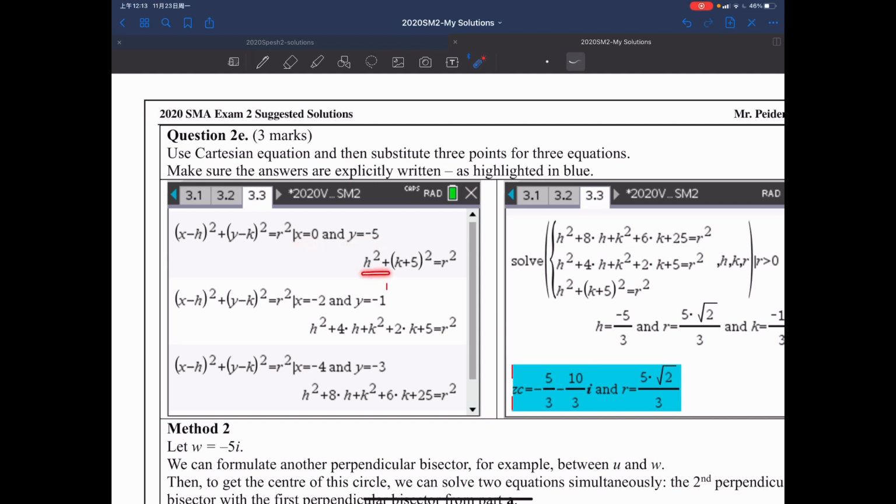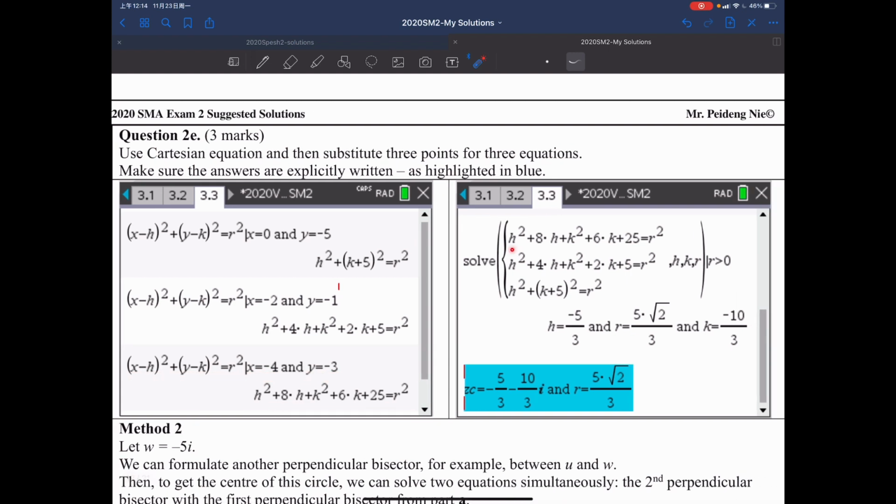So I get the first equation in terms of r, h, and k. And then I substitute minus 2 and minus 1 into this relation, obtaining another equation. Finally, x equals minus 4 and y equals minus 3. So x and y substituted, you get that equation.